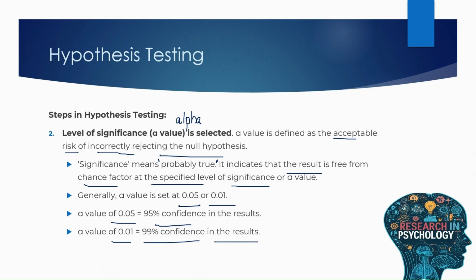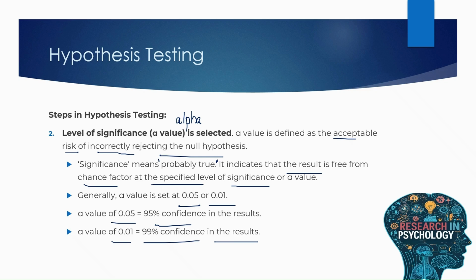That is why we never take a 100% confidence level or an alpha value of 0. We always take a 1% or a 5% chance that there could be an error or a chance factor because of which we are getting the results that we have got. 0.05 means there is a 95% confidence level that we have done it all correctly. 0.01 means there is a 99% confidence that the results are all correct.